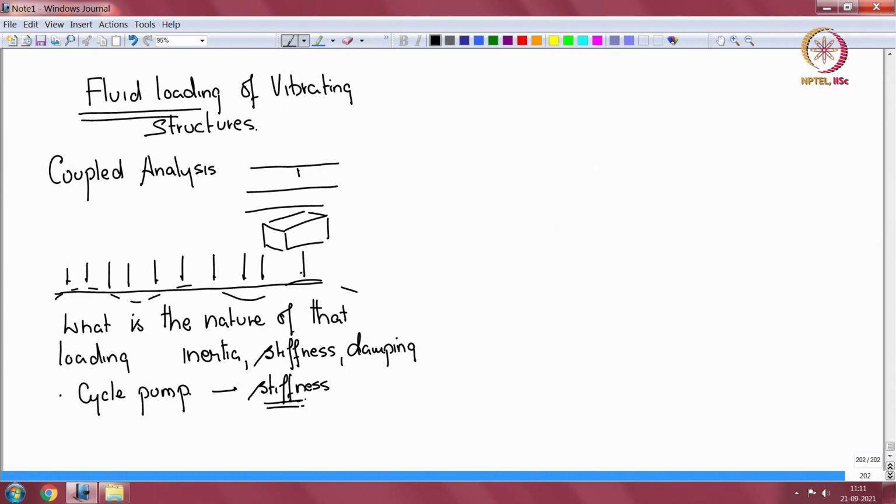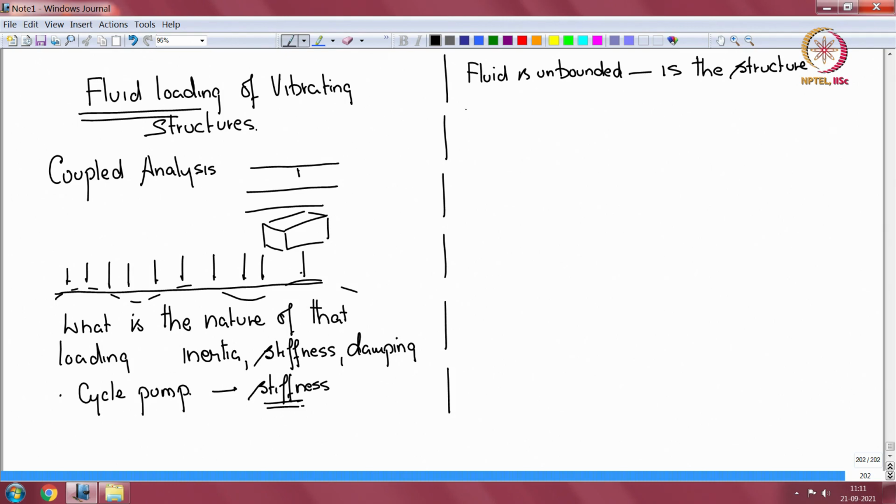So we have two essential scenarios. Where the fluid is unbounded, you are trying to ask the question, is the structure an efficient radiator?